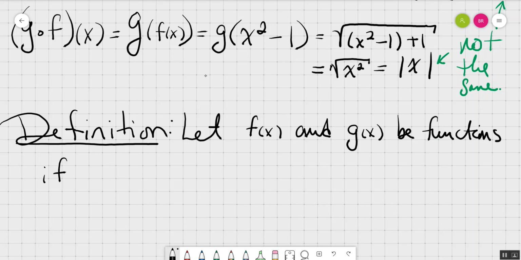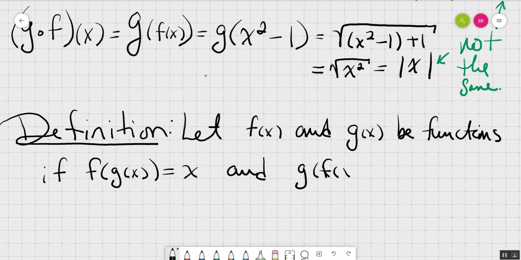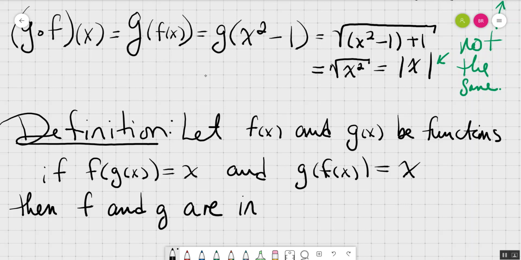If, when I compose them, so if I do f composed with g of x, I get x, and if I go the other way, g composed with f, and I get x again, then we will call them inverses of each other. So we would say f and g are inverses of each other. So they undo each other essentially and just give back x.